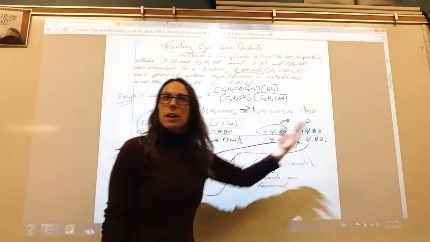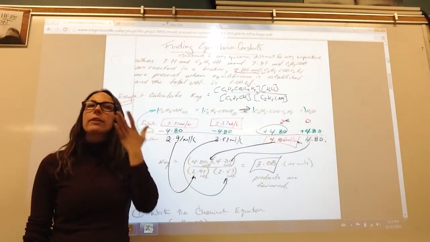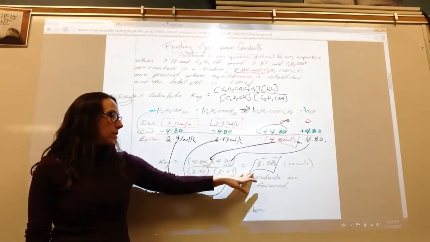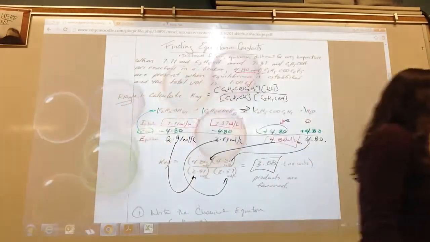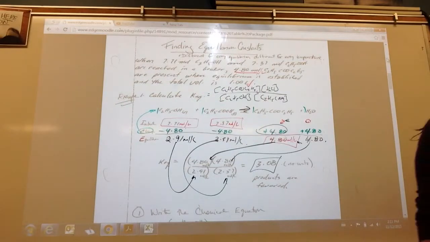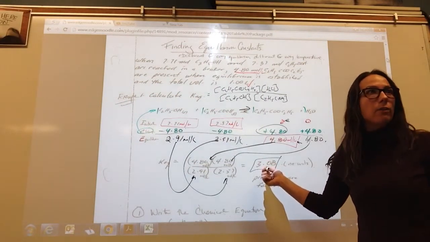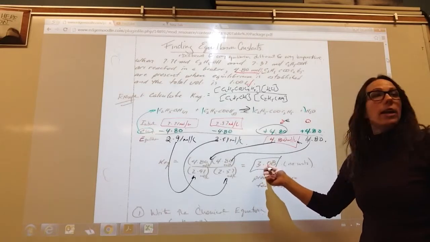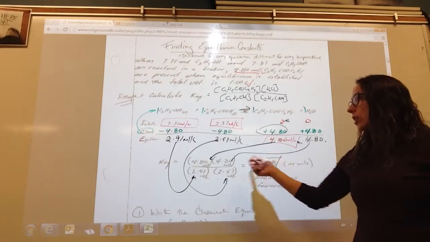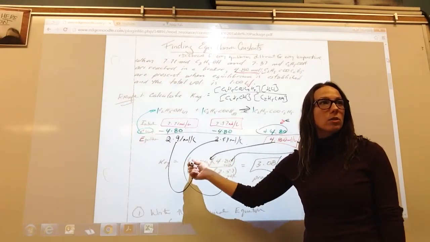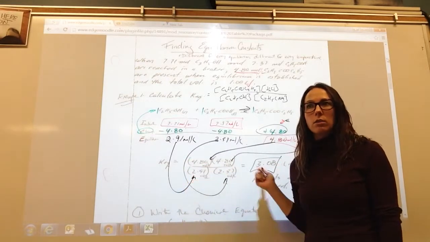More products than I have reactants. How do they know that, besides the actual numbers? How do they know that based on the K value? The K value is a large value. Remember those small ones are like times 10 to the power negative 5? So it's a large K value. If that's a large number, then this is a large number, and these are my products. Big over small is a big number.